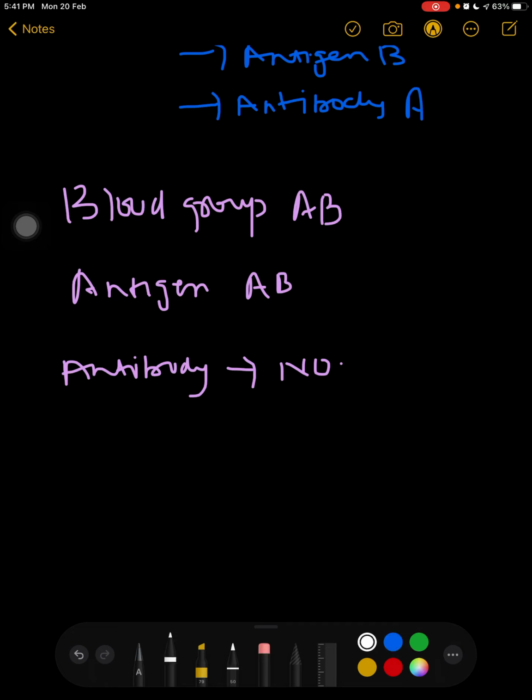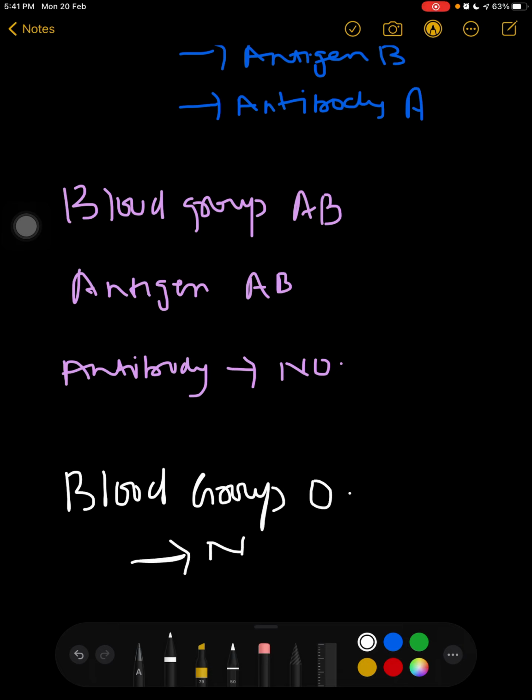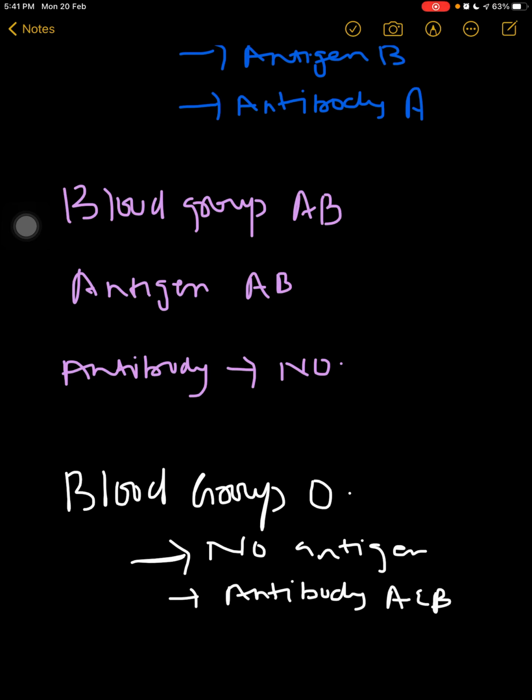If we talk about blood group O, it will have basically no antigen and it will have antibody A and antibody B, right?